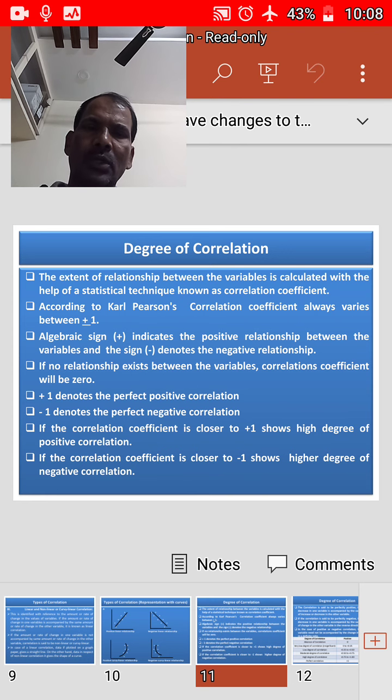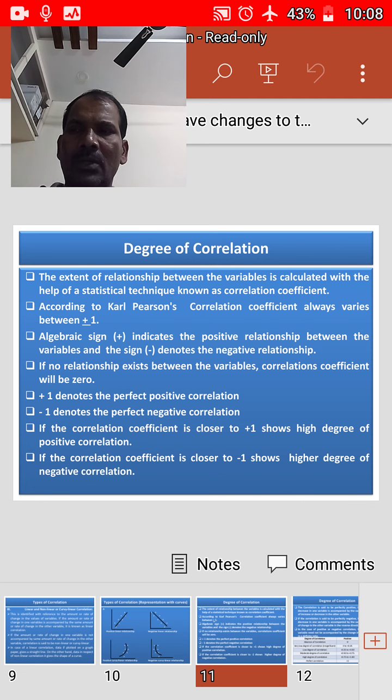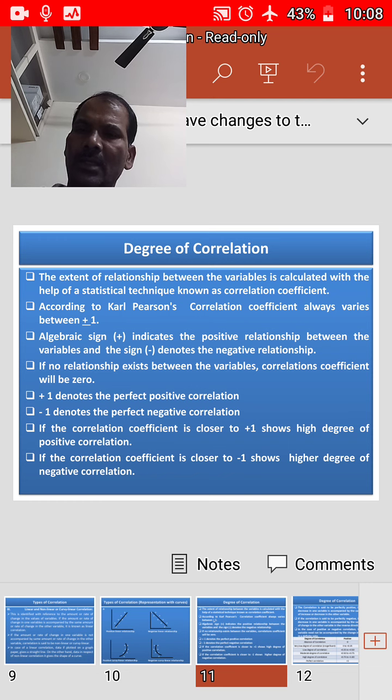If no relationship exists between the variables under study, the correlation coefficient will be 0, right? If it is a positive sign, a positive relationship exists; if it is a negative sign, a negative relationship exists. If it is 0, no correlation exists among the variables under study.